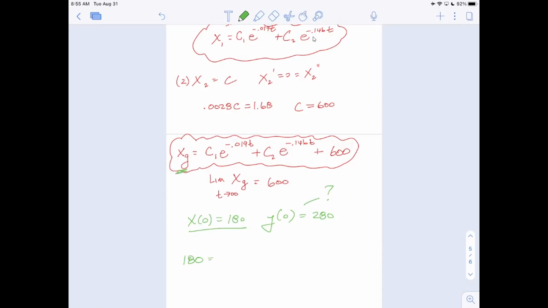So I'm replacing that side with 180. At time 0, e to the 0 is 1. So you just get c1 there and c2 and 600. So that's true. And I suppose I can subtract 600 from both sides. That's true, except for, unfortunately, it's got 2 unknowns in it.